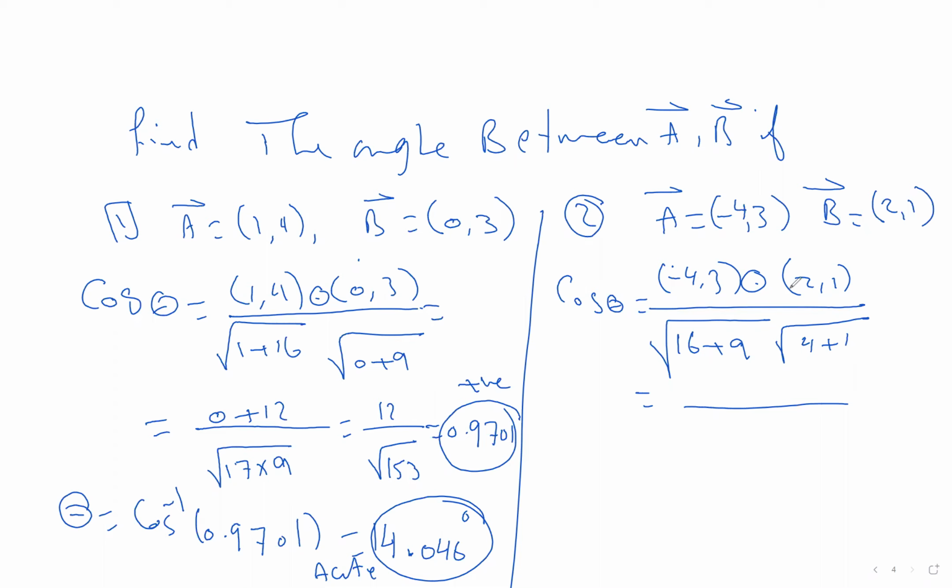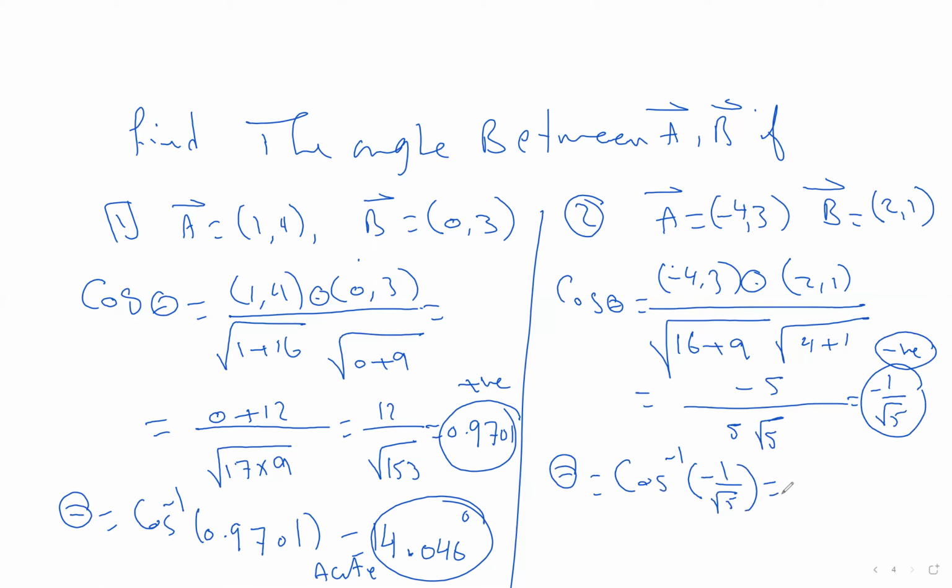This is -8 plus 3, which is -5, over 5 root 5, so it comes out to -1 over root 5. Since cosine is negative, the angle comes out obtuse. So theta equals cosine inverse of -1 over root 5, which is 116.565 degrees. We notice the cosine is negative, so theta is obtuse.